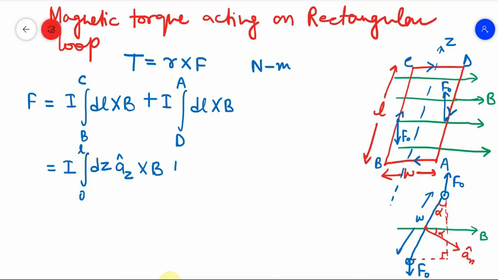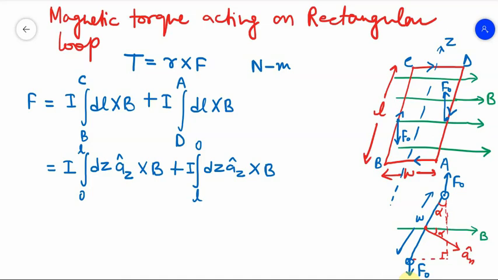Plus for this side, I dl cross B, extending from D to A, so here also we can write I dz Az cross B, and the limit will be from L to 0, because from D to A we are considering.